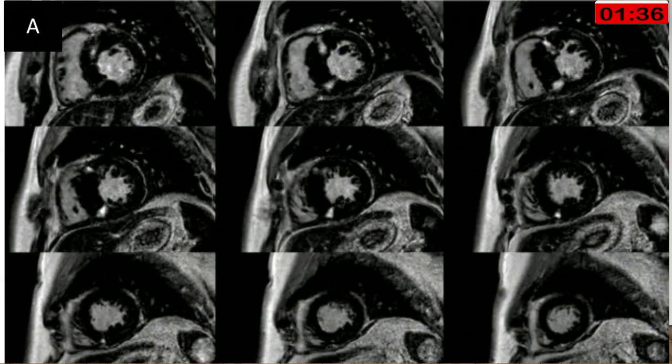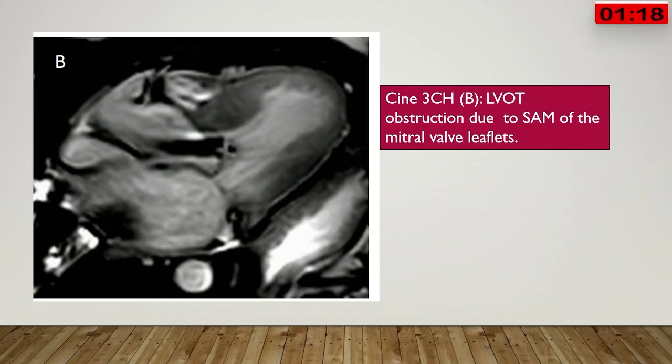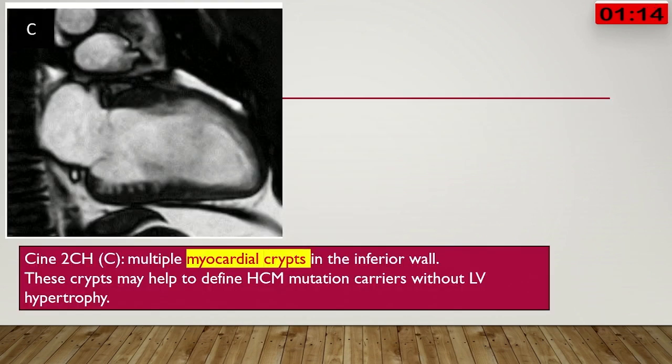And here, very bright, very clear. So this segment is hypertrophied, and there is late gadolinium enhancement at the anterior insertion point and inferior insertion point on the right ventricle. SAM with LVOT obstruction and also the myocardial crypts.